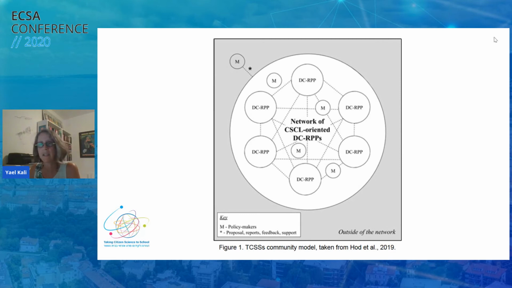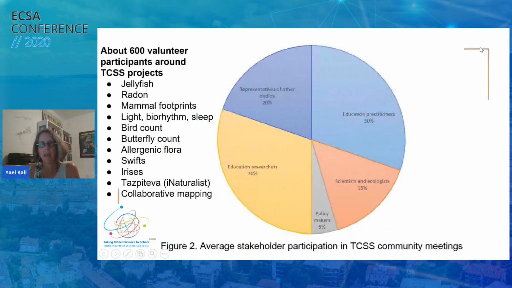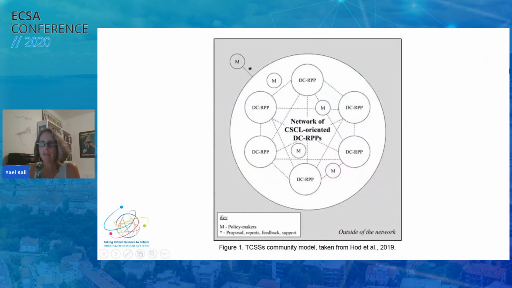And this is despite many difficulties, because it's not that easy for the schools and the teachers. They need to make very big pedagogical as well as organizational adjustments to incorporate citizen science within their teaching. And the scientists also need to engage in activities such as co-designing curriculum materials, which is not exactly their cup of tea.